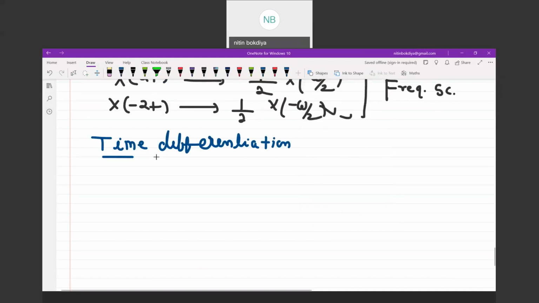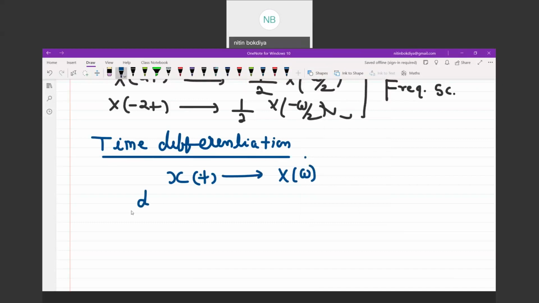So what do we understand by time differentiation? If x of t has Fourier transform x of omega, then what is the Fourier transform of d by dt of x of t? What is the Fourier transform of this?